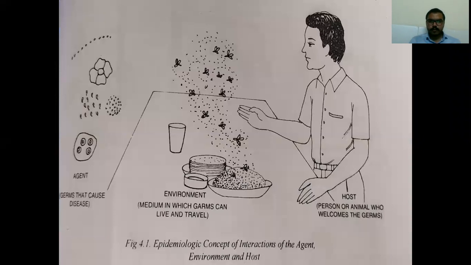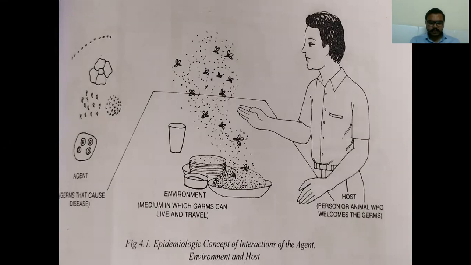We are talking about communicable disease. It is now recognized that a disease is the end result of the interaction of three components. Namely, the components are agent, environment, and host. You can see on your screen the three components.